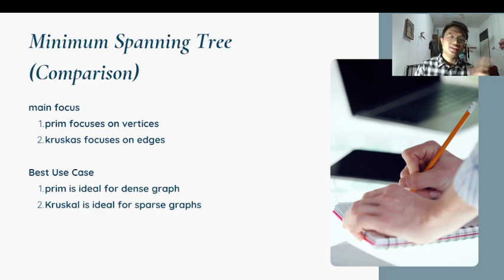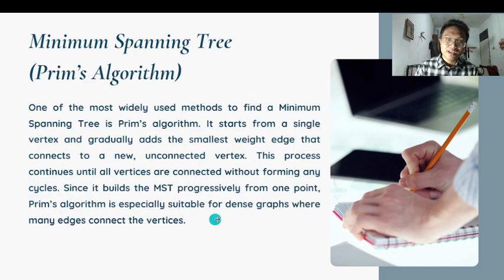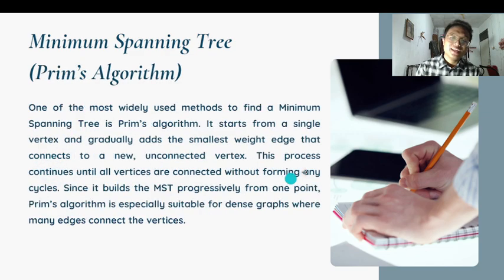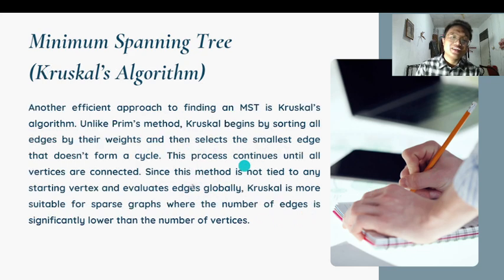For the second main difference, Prim's algorithm is ideal for dense graphs, as explained earlier. And Kruskal is ideal for sparse graphs. This is very different from each other, because this one is so dense that it is ideal to use it, but this one is more ideal for sparse graphs, where the edge count is significantly lower.